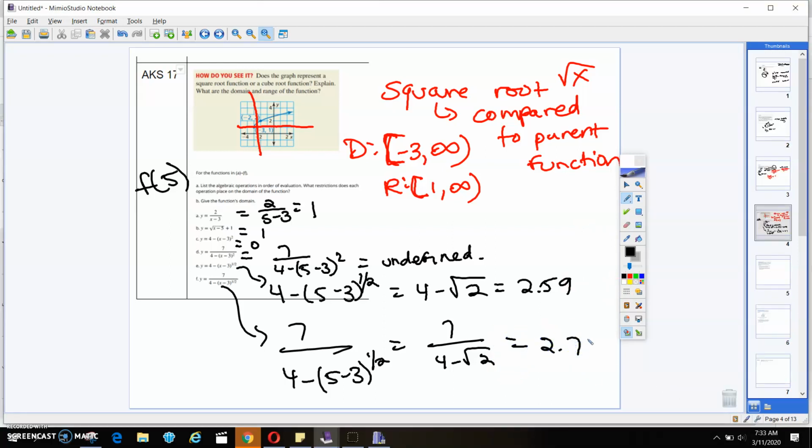Okay, so now we have to order them. It really doesn't say least to greatest, but normally you're going to put it in least to greatest. So D is going to give us our smallest number, because it has an undefined answer.